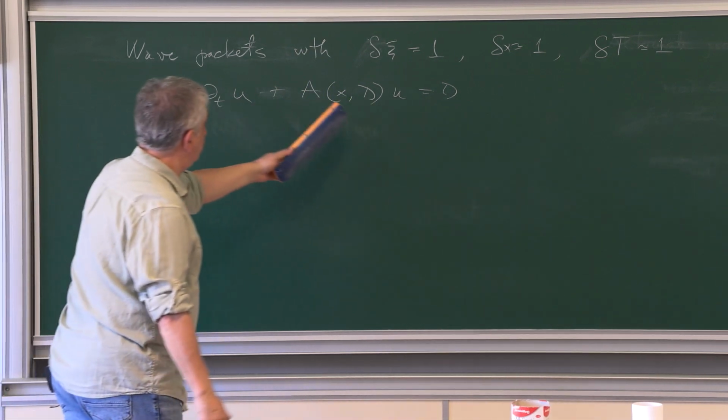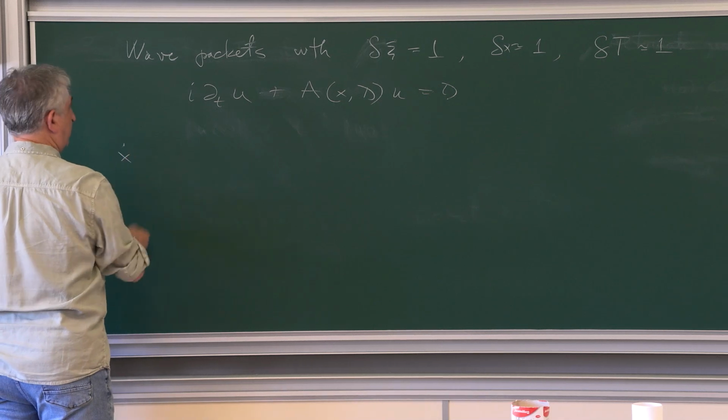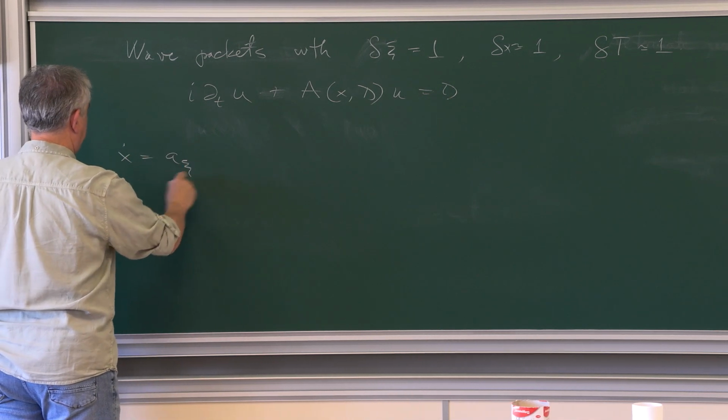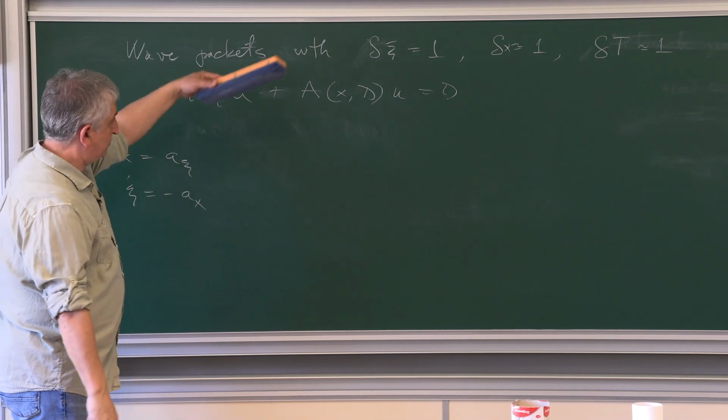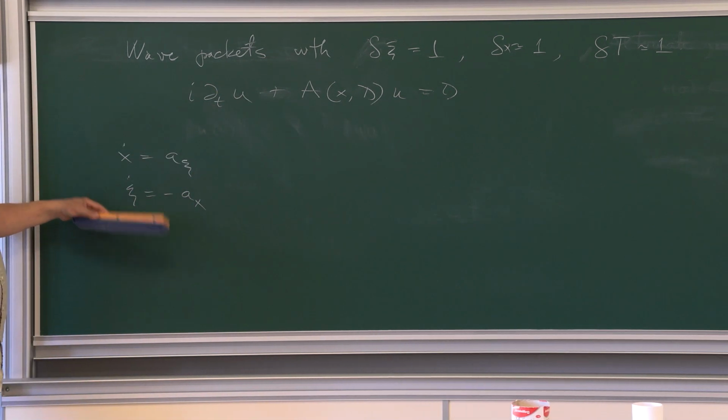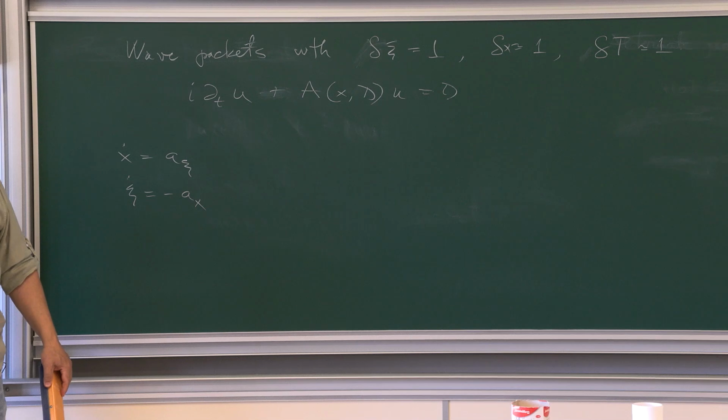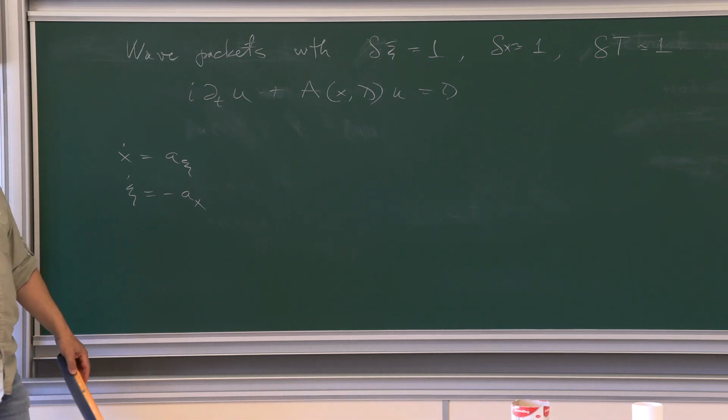And so if you write the Hamilton flow in here, x dot is equal to xi, xi dot is equal to minus ax. If you want to go from time 0 to time 1, you'd better hope that this Hamilton flow is bi-Lipschitz from time 0 to time 1.